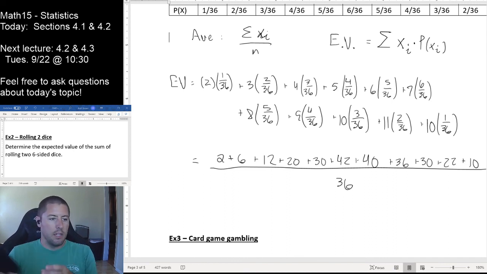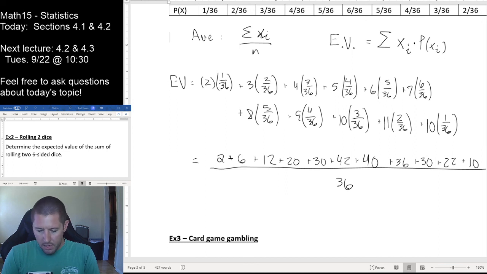So now I'm just going to go to my calculator and add up all these: 2 plus 6 plus 12 plus 20 plus 30 plus 42 plus 40 plus 36 plus 30 plus 22 plus 10. Wait a minute. Did I do a multiplication wrong right there? 2, 3, 4, 5, 6, 7, 8, 9, 10, 11, 12.